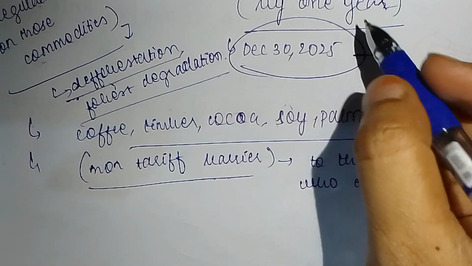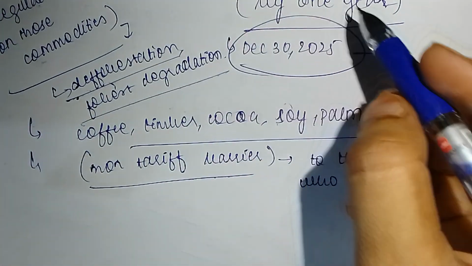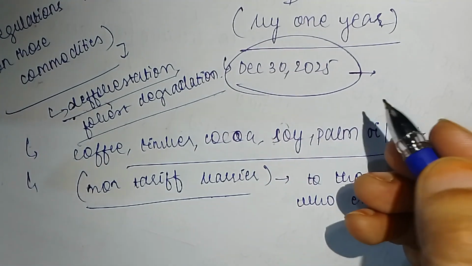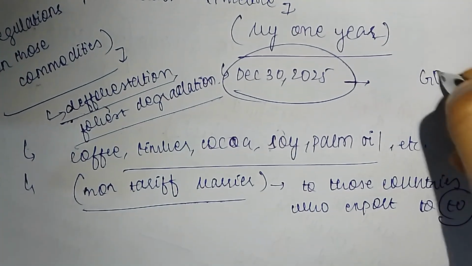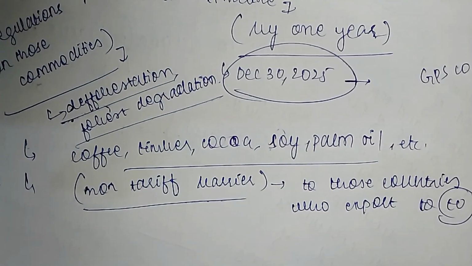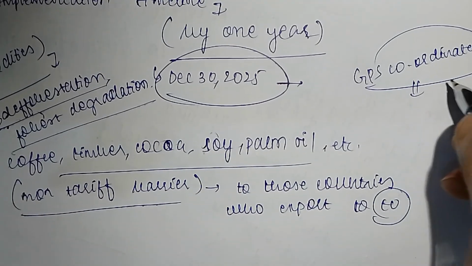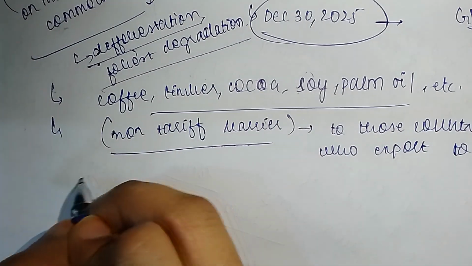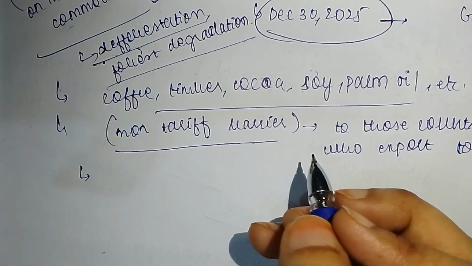The very reason for asking for the extension is that it gives businesses time to adapt, because the GPS coordinates of the land where the product is grown are also tracked.